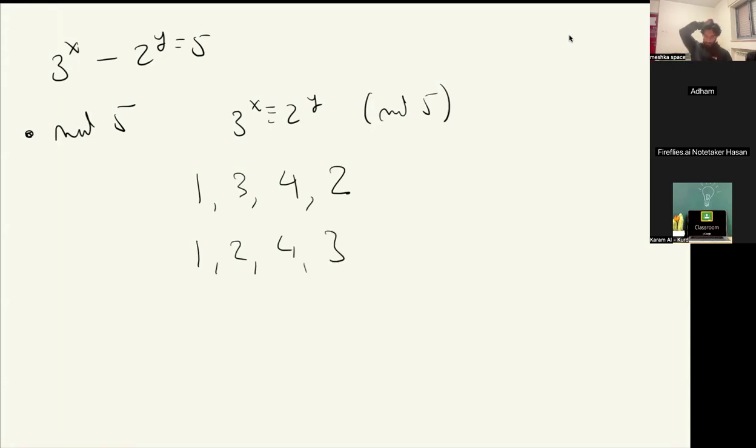So why do we get that they're both even? Here we should have that 3 to the x must be 4 and 2 to the y must be 4, and that implies that x and y must both be congruent to 2 mod 4. But why can't we have, like, x is 1 mod 4 and y is 3 mod 4?